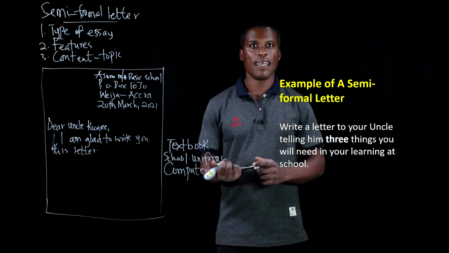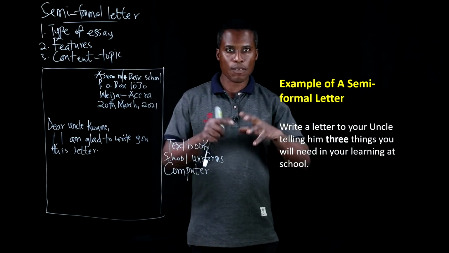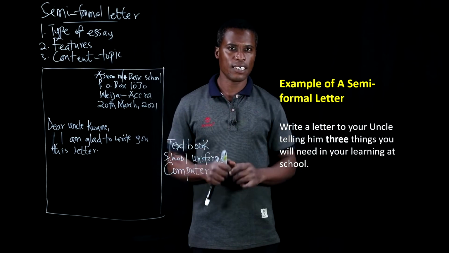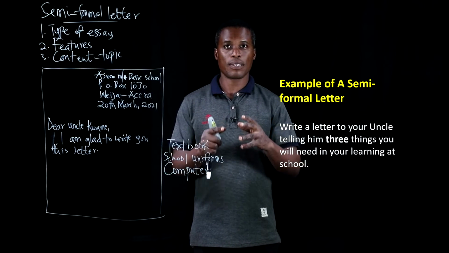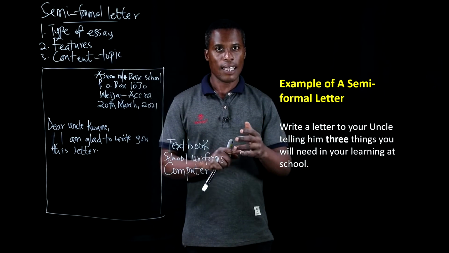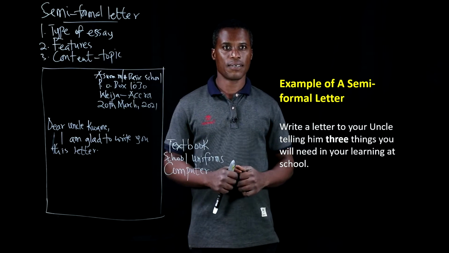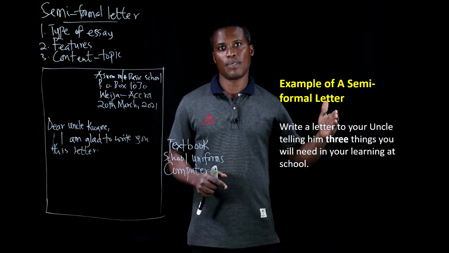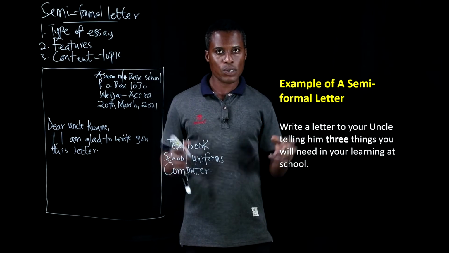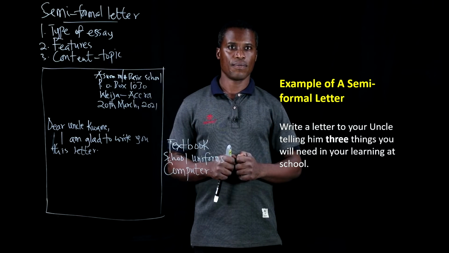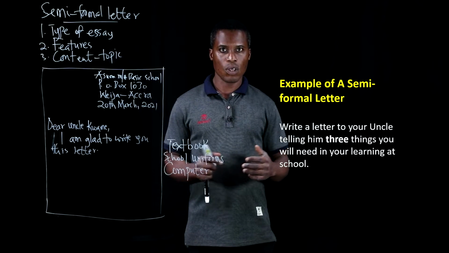Then you identify the textbook. Then you have to explain why you need a textbook. Because there are so many subjects: English language, mathematics, integrated science, and various subjects. So you have to explain using the subjects. Then the next thing is the school uniforms.